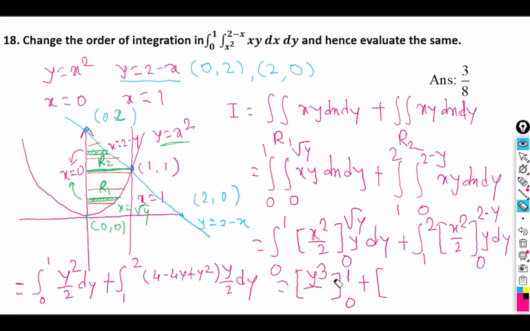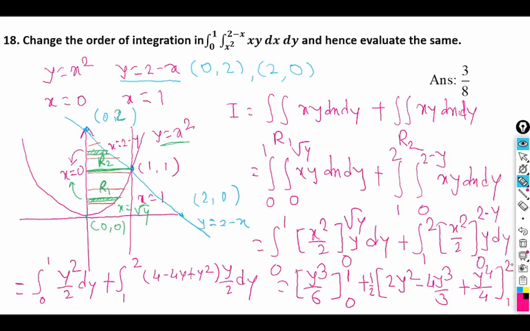This 1 by 2 is already there, so I'll write 1 by 2 outside. And the 4y integration is 4y square by 2, that means 2y square. Now minus 4y square means minus 4y cube by 3, and the last y cube gives y to the 4 by 4. Limits are 1 to 2.